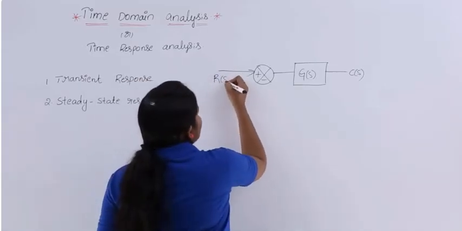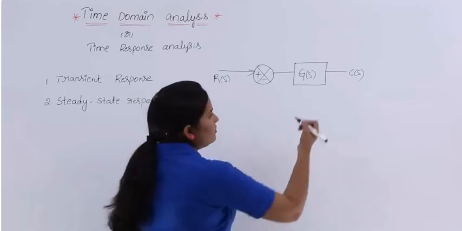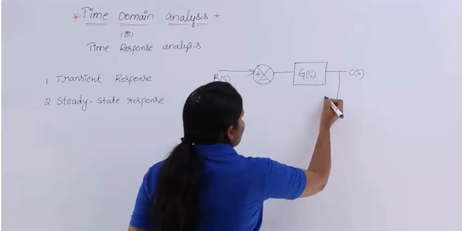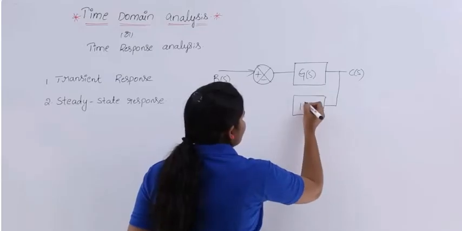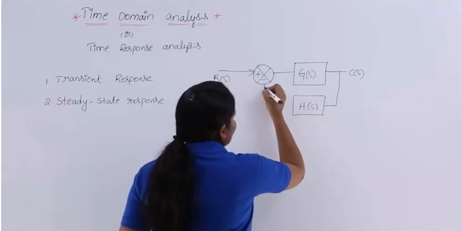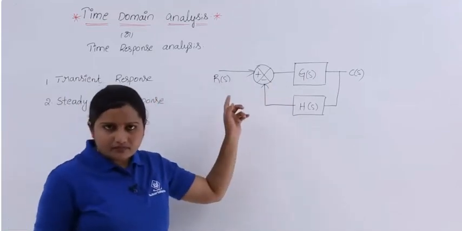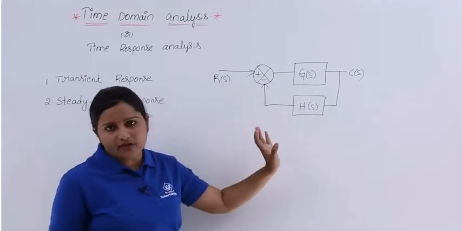Here R of S is the input transform, C of S is the output transform, G of S is the open loop gain, and the feedback gain is H of S. This is a negative feedback control system.